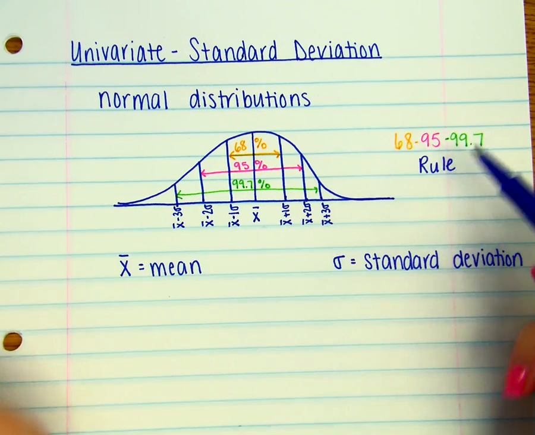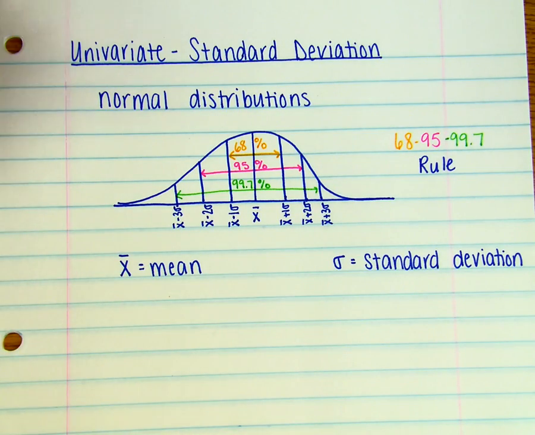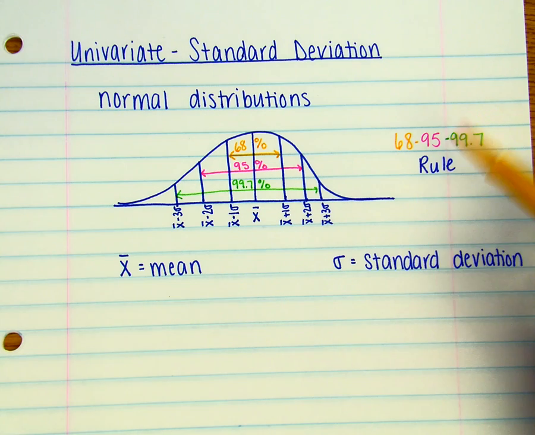You're going to see in the directions it's going to say using the 68, 95, 99.7 rule, answer the following questions. So these percentages will be given to you on your quiz, so you don't have to memorize them, but it's going to make your life a ton easier if you actually do have them memorized.